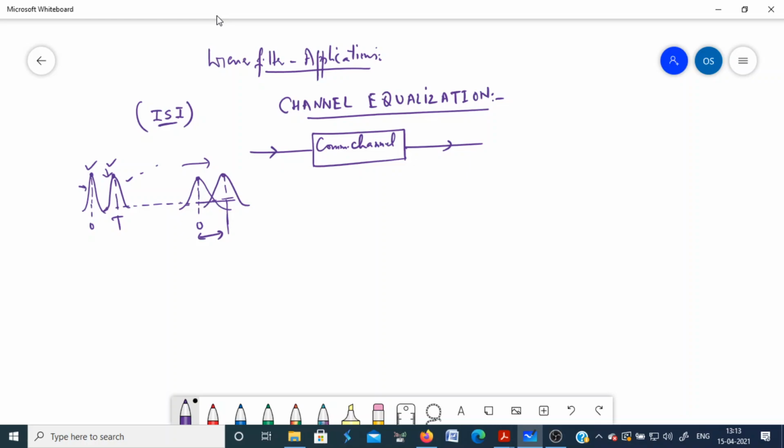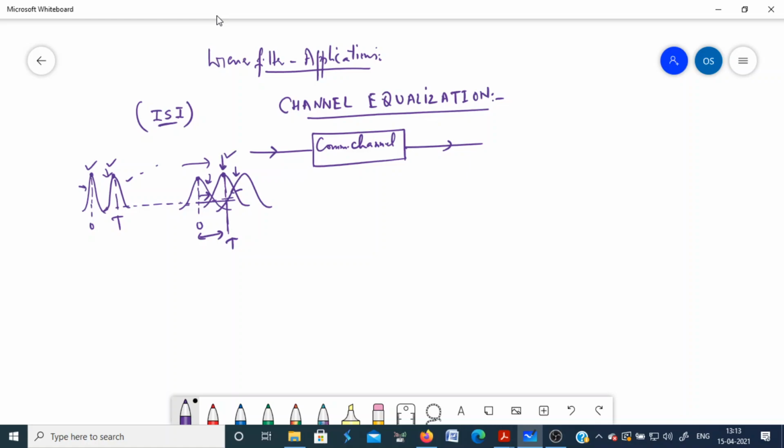When you receive the second pulse after time t, at this point the peak value of this pulse is this, so you should get this value only. But due to the dispersive nature of the channel, the adjacent pulses overlap with this pulse, so the effect of these pulses also comes into the picture. This is what is called inter-symbol interference.